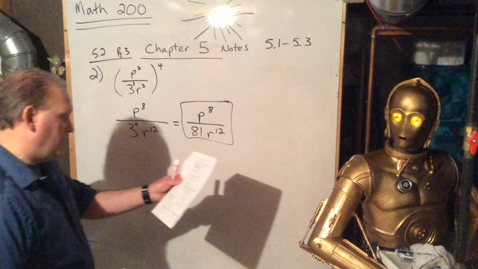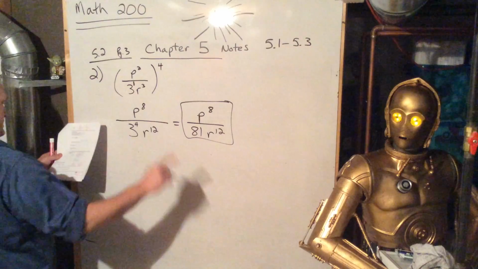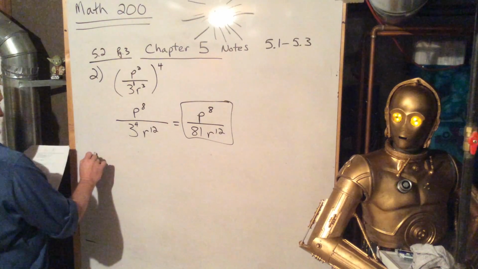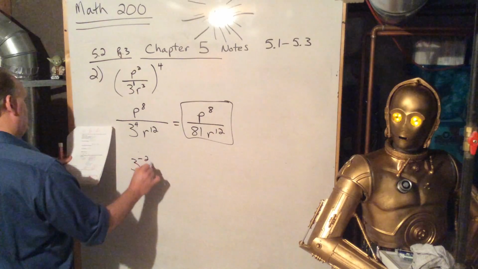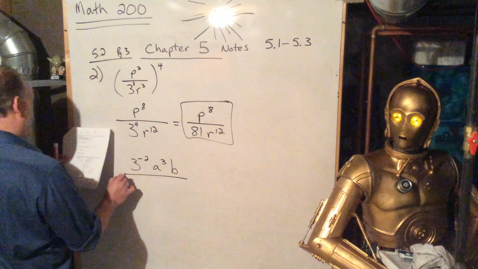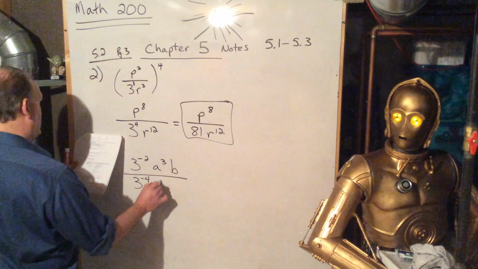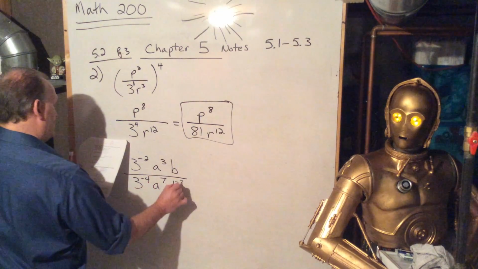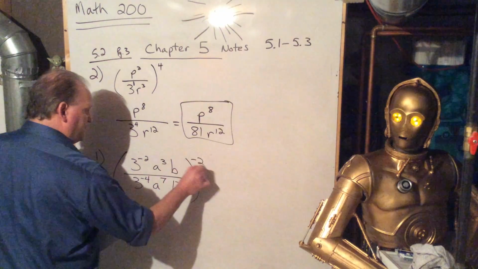Then the last one on that page, we've got, oh boy, what a mess. It is 3 to the negative 2, a to the 3rd, b over 3 to the negative 4, a to the 7th, b to the negative 3. All right, all raised to the negative 2 power. Yoinks.